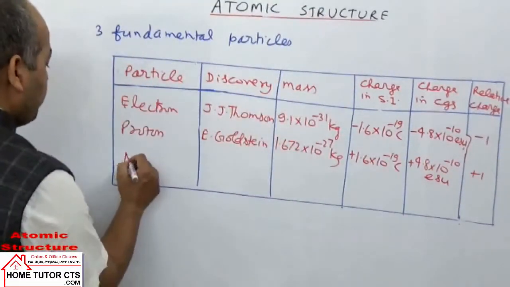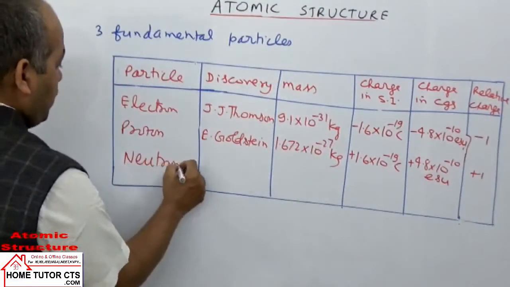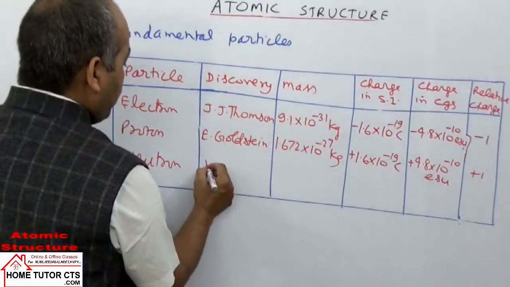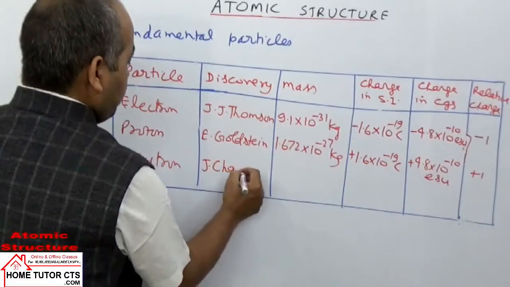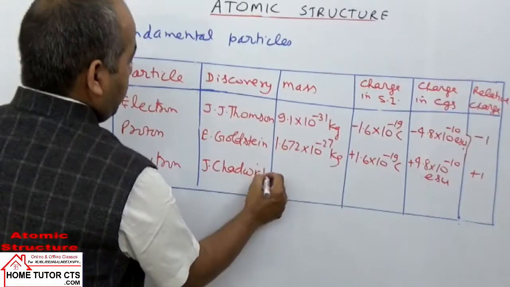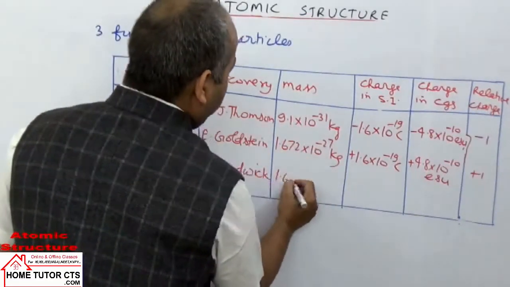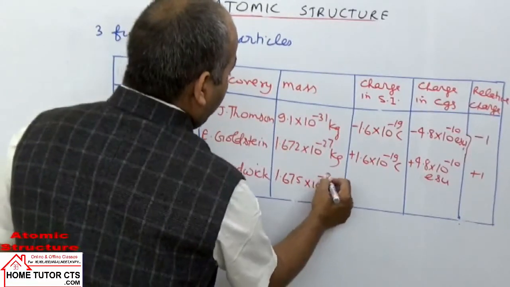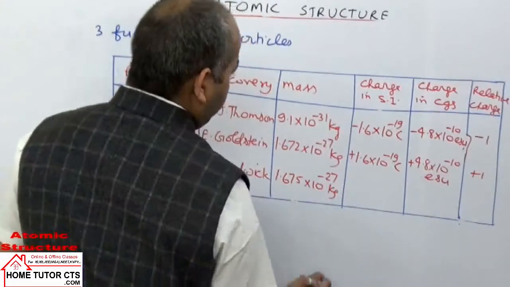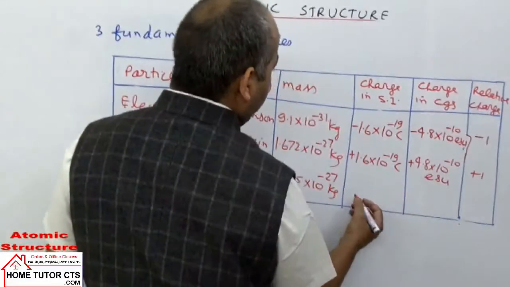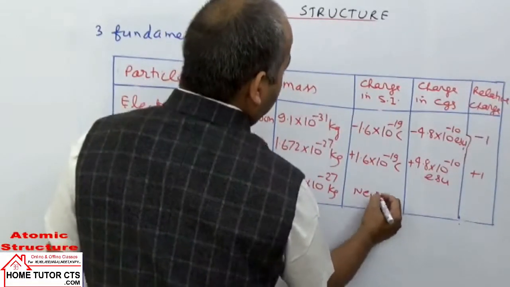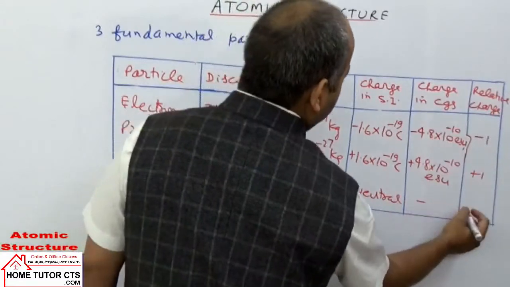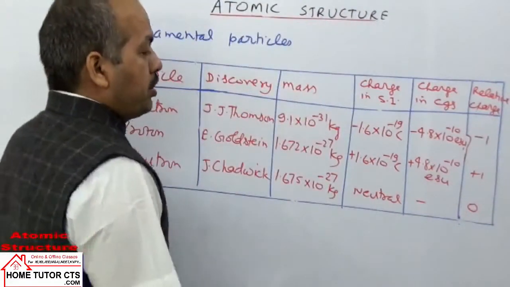Next, neutron, discovered by James Chadwick. Mass 1.675 × 10^-27 kg. Neutron is a neutral particle with no charge, given relative charge 0.